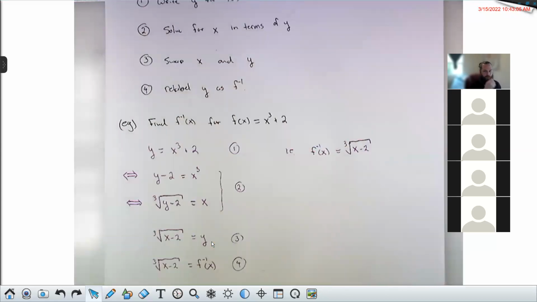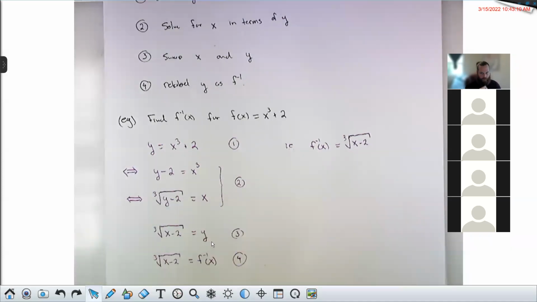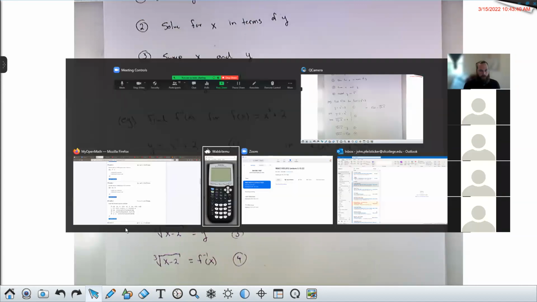And I'd like to graph this function for you on top of the original function in our calculator to see that the symmetry really is there. Before I do that, any questions on the actual steps here? Okay, let's see it.